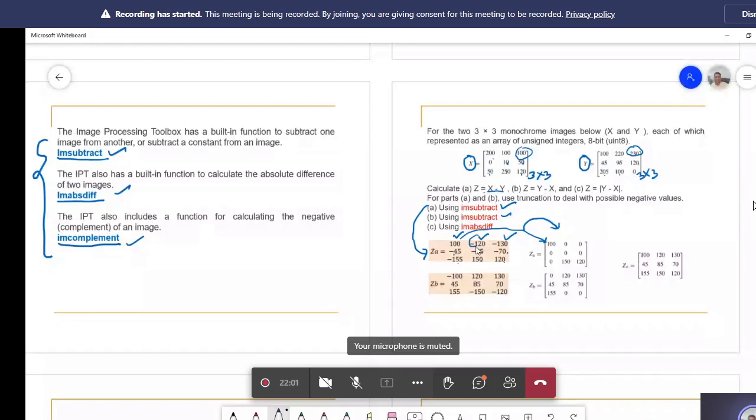So 200 minus 100, it is 100. 220 minus 100, it is 120. 230 minus 100, it is 130. 45 minus 0, it is 45. 95 minus 10, it is 85. 120 minus 50, it is 70. 205 minus 50, it is 155. 100 minus 250, it is minus 150. 0 minus 120, it is minus 120.